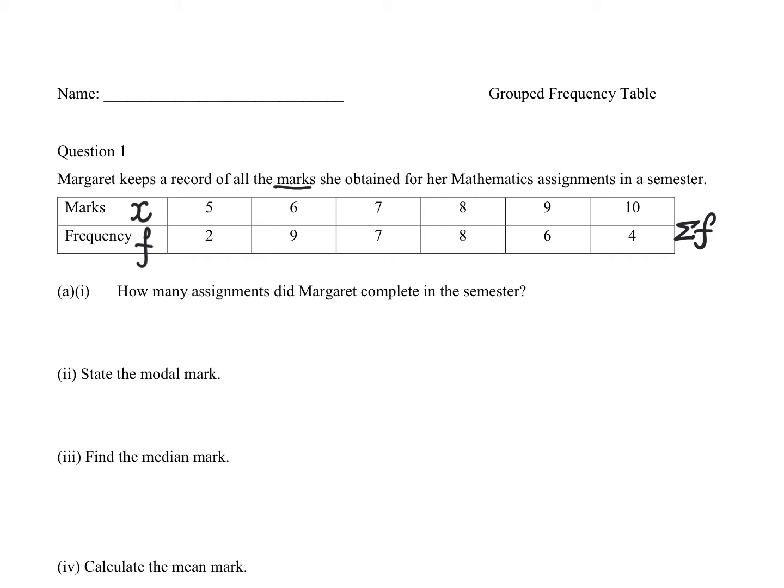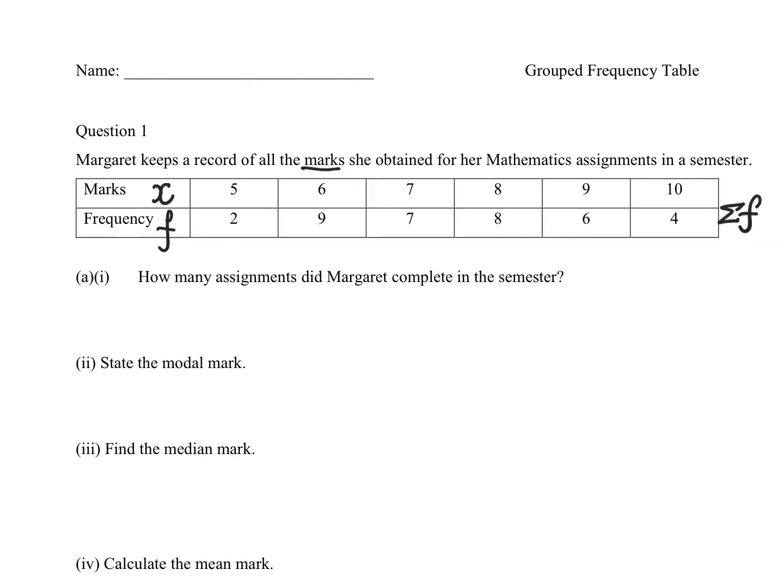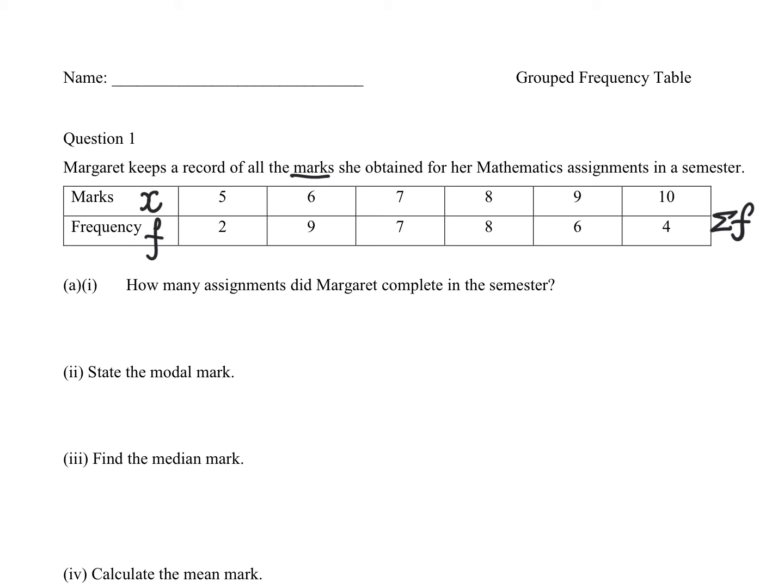This symbol is called the summation symbol; it means add up all the frequencies. So the total number of assignments is 2 plus 9 plus 7 plus 8 plus 6 plus 4, which gives a total of 36 assignments.